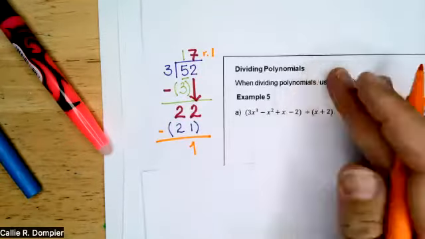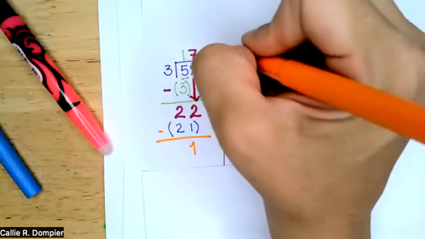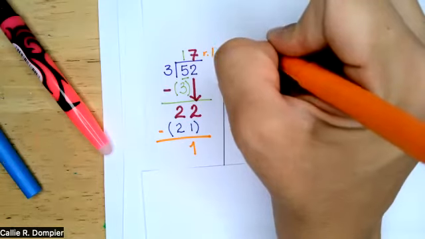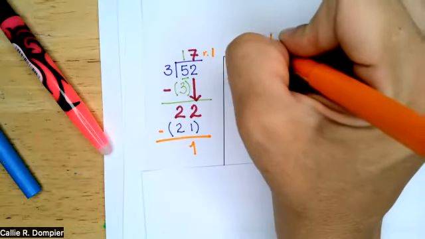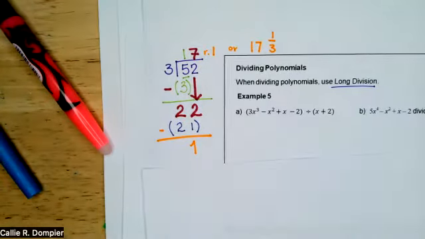There's actually another way to write it. You can say 17 remainder 1, or you can say 17 and 1 over 3.